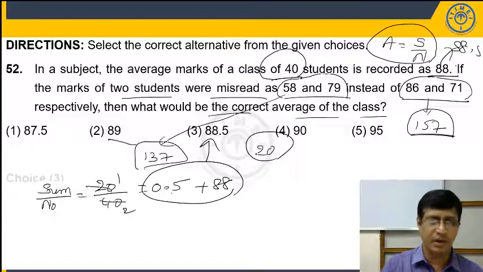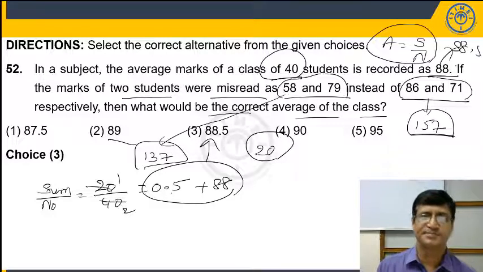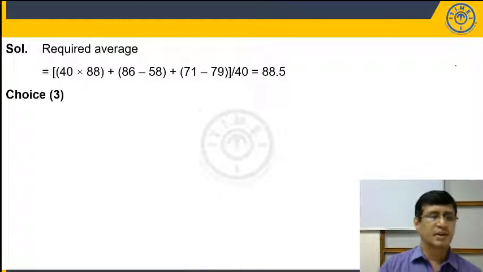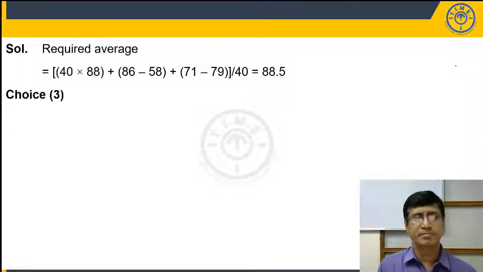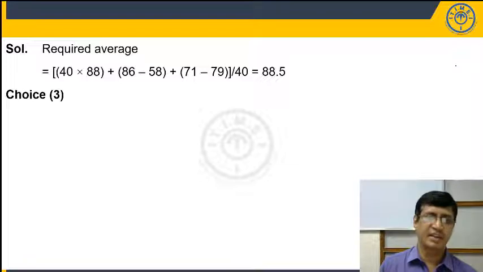That is the solution. Option number 3 is the right answer. Am I clear? It's a simple logic. And this is the concept-wise solution: 40 into 88 plus 86 and 58, and 71 minus 79, by 40.